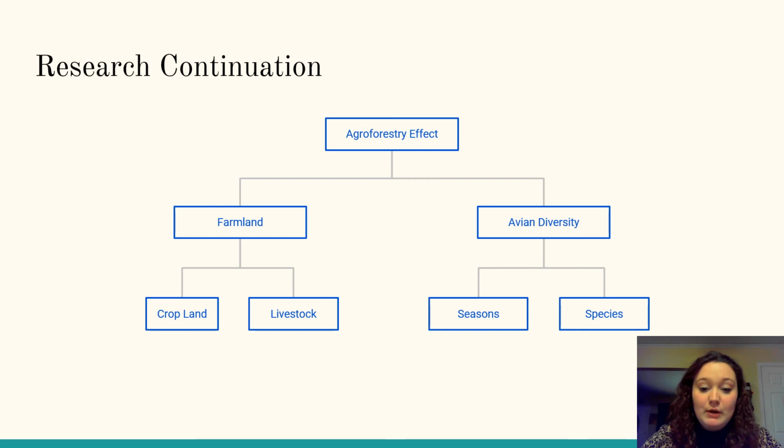And then with avian diversity, you could do all 4 seasons of spring, fall, summer, and winter, and keep species counts for each of those the same. Livestock could be grazed versus overgrazed with the same experimental setup to see if there's a difference in bird quality there and avian diversity as well.